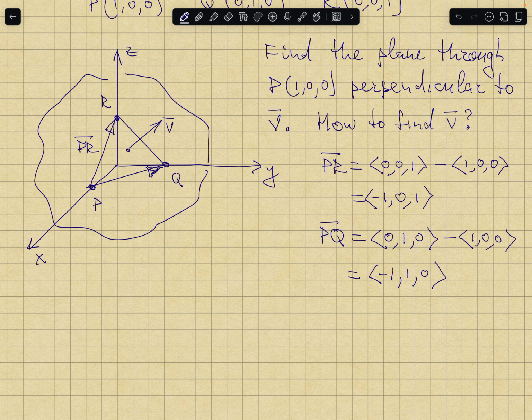So PQ and PR lie in the plane that I'm looking for, and V is perpendicular to the plane.